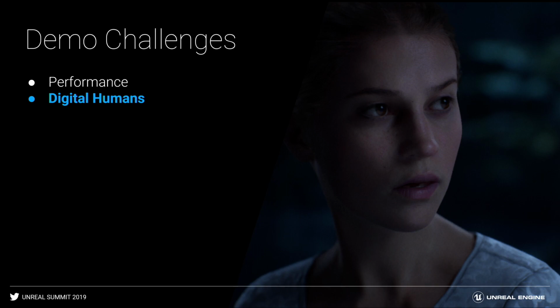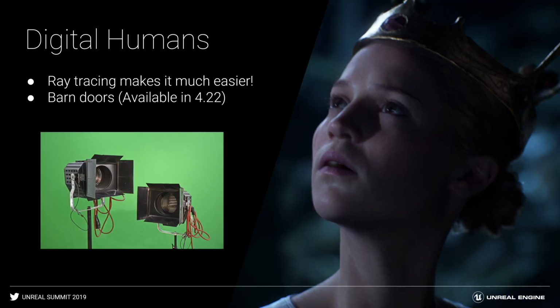Okay, another challenge of the demo was to get a realistic digital human on the screen. Fortunately, 3Lateral is now part of the Epic family, and helped us out with really high quality digital human work. Digital humans is in itself a really complicated topic that probably needs its own talk. So I'll just say that lighting a digital human using ray tracing is much easier for a traditional lighting artist.